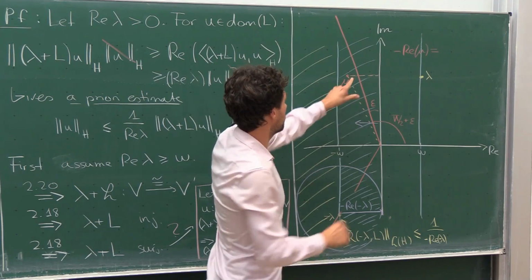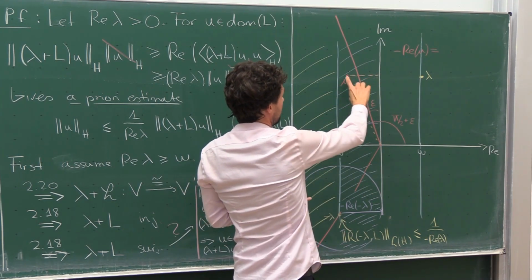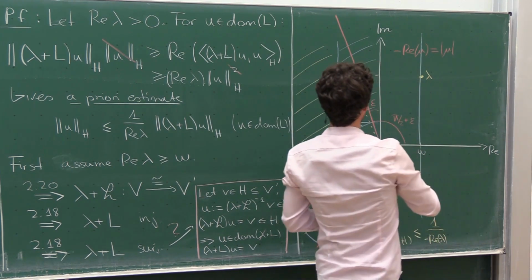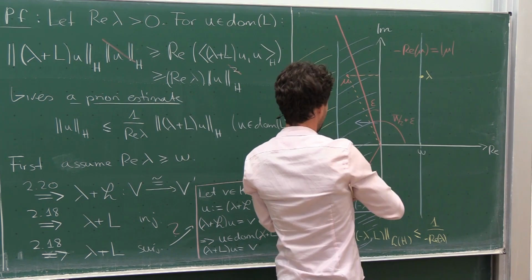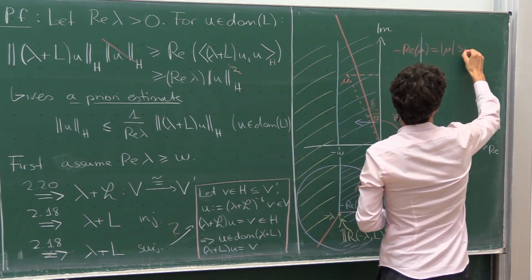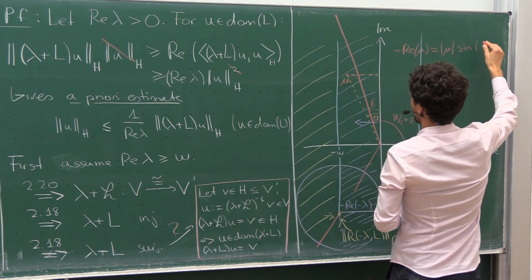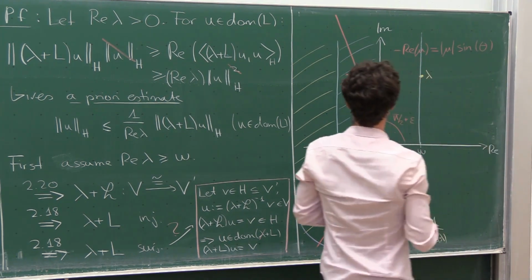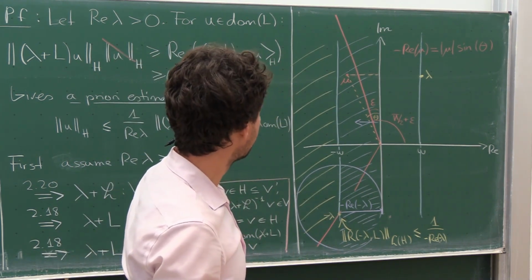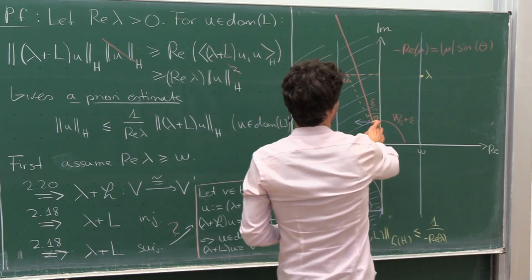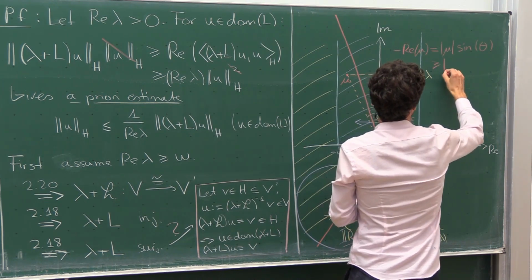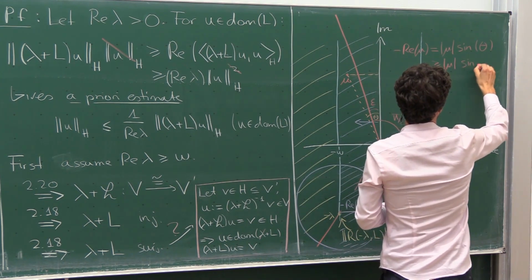The real part minus real part of mu is this thing here. And then this is the same as this length, which is the absolute value of mu, times the sine of the enclosed angle here. Call this angle theta. Okay? Right. And then you see theta is between epsilon and pi over 2. So this thing here is larger than the absolute value of mu times sine of epsilon.